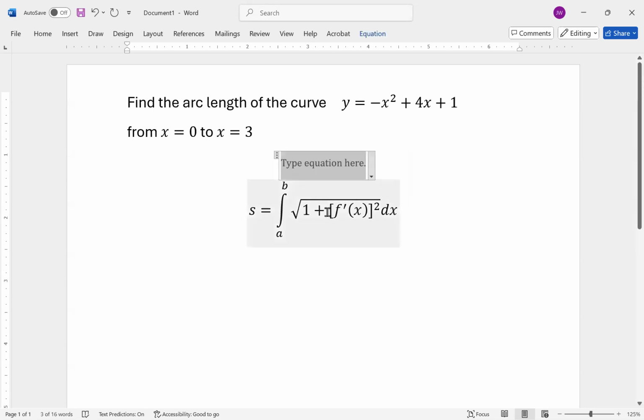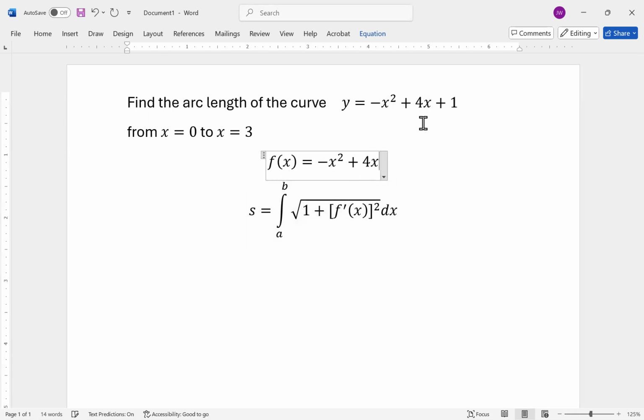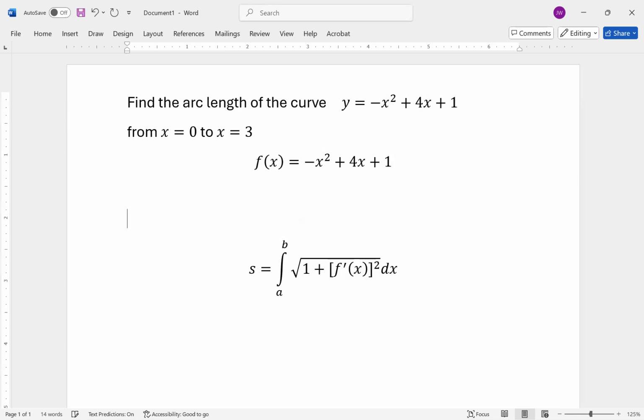The f of x here is just the curve I'm talking about, written as y as a function of x. So f of x is negative x squared plus 4x plus 1, and therefore the derivative of f of x is equal to negative 2x plus 4.